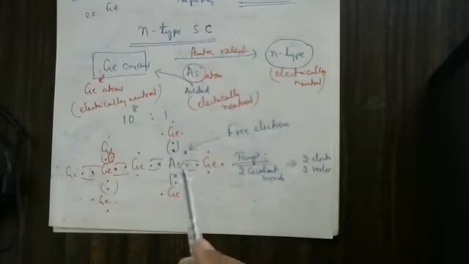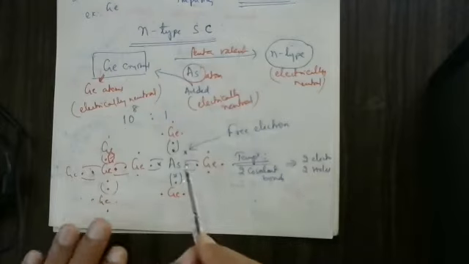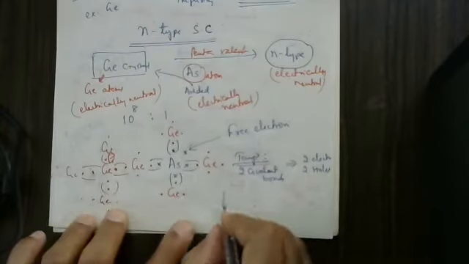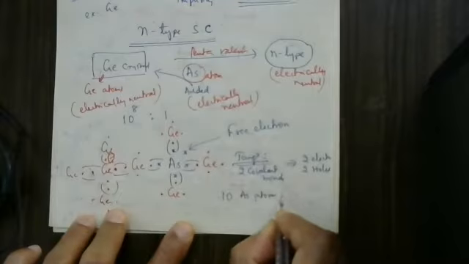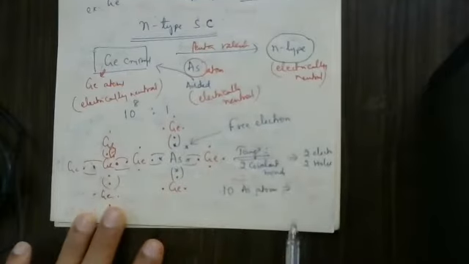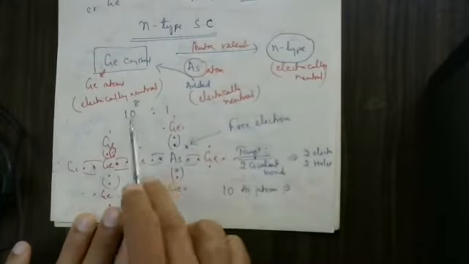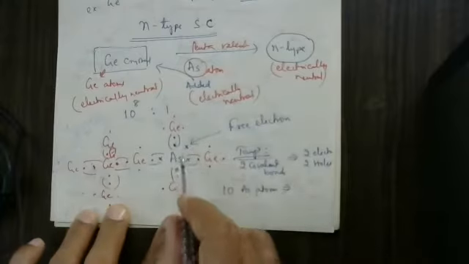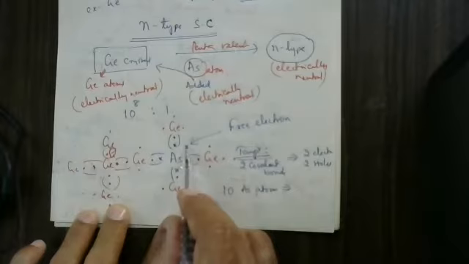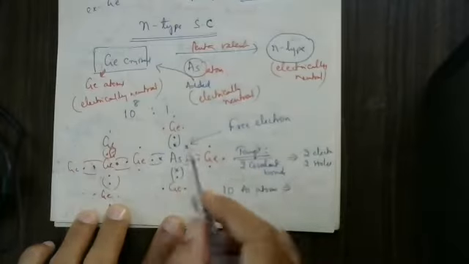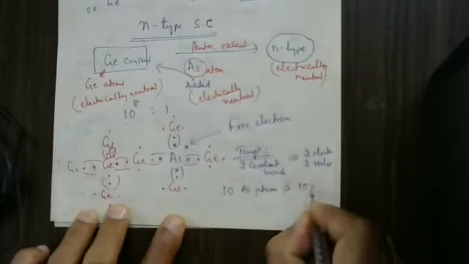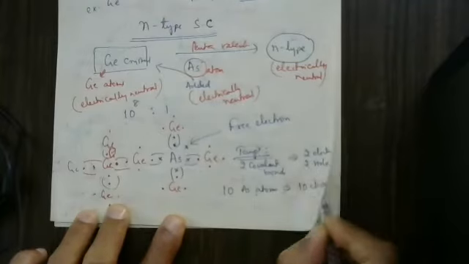Now let us consider that for this crystal, we have added 10 arsenic atoms. Each arsenic atom produces 1 free electron, so 10 arsenic atoms donate 10 free electrons.